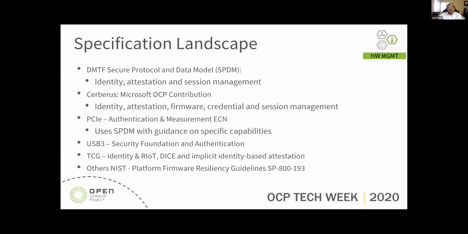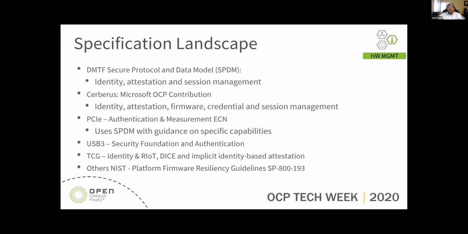These standards are trying to address pretty much a common set of problems around the identity of a component, attestation, and how you manage the measurement and secure session for communication within platform components.